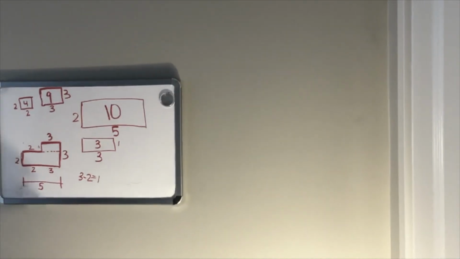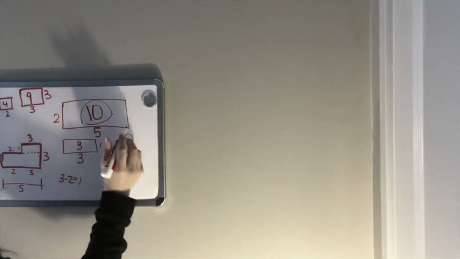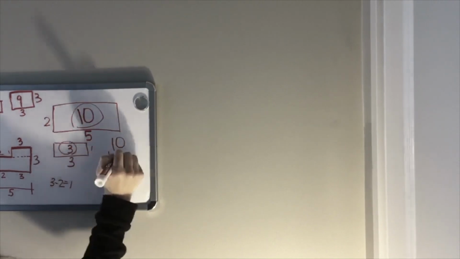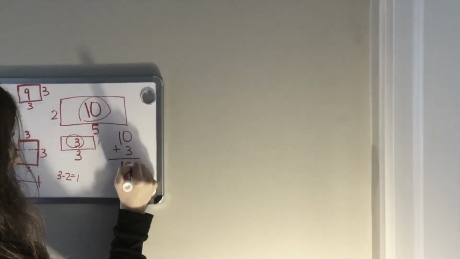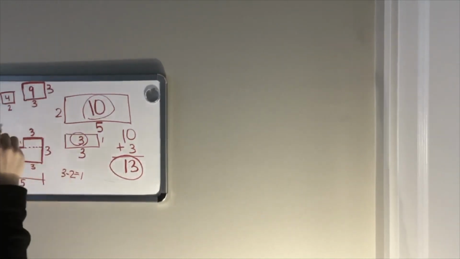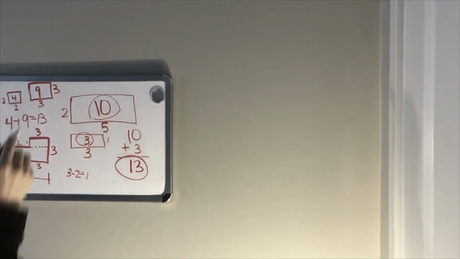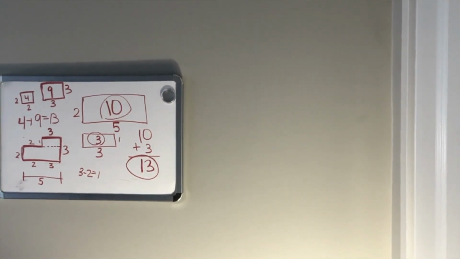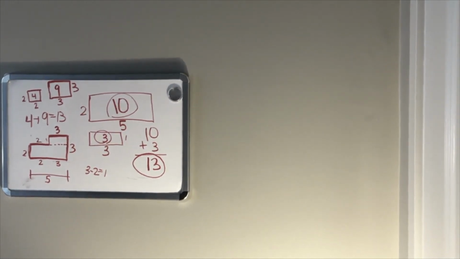So now to find our final answer, we're going to use the answers we got here. 10 plus 3 we know is 13. So that right there is saying that 4 plus 9 is 13. The answer is an area of 13, or 13 square units.